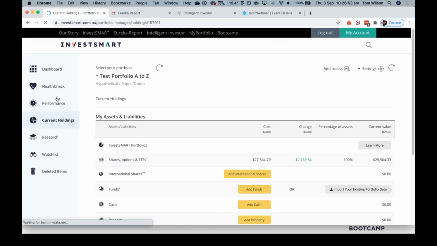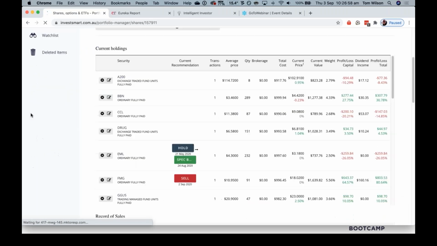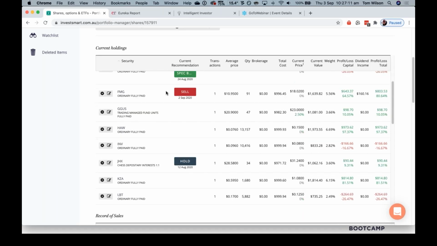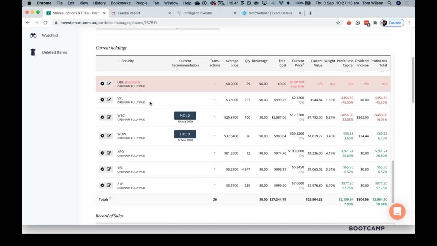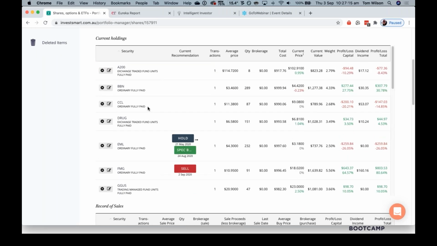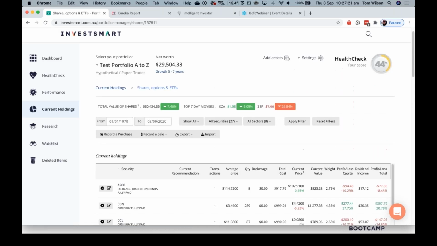I can see my current holdings, and I've got various different types. So for example, starting with the letter A, I've got the A200, which is an ETF. So that gives me exposure to a number of different shares within that. And I've also got some other ETFs in here as well. So this is by no means a recommendation. A lot of it is just random, to be honest.